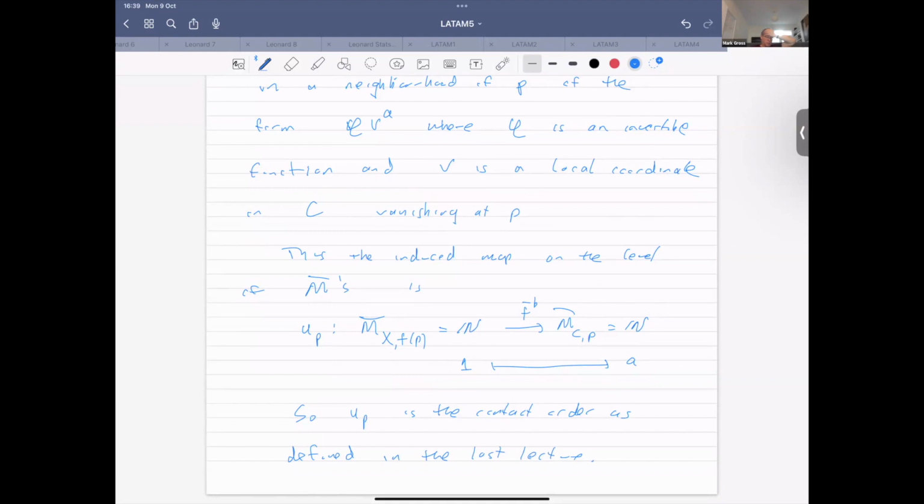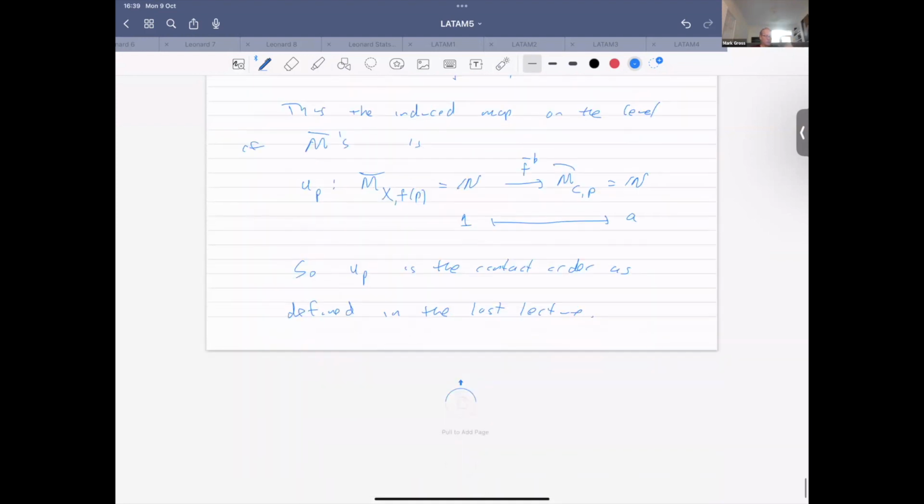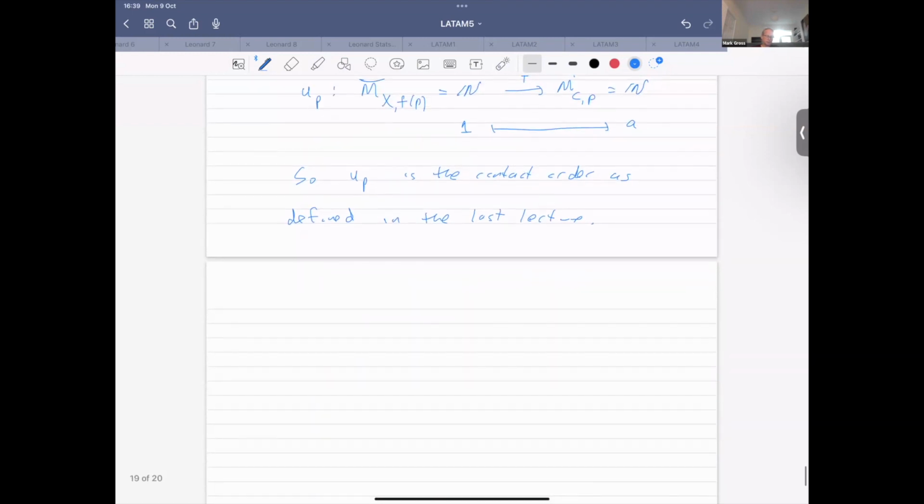So there are several good things about this. So the first point, so note, first of all, this generalizes and keeps track of contact orders with multiple divisors.